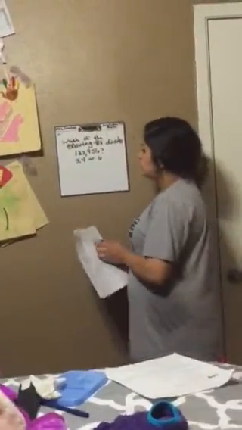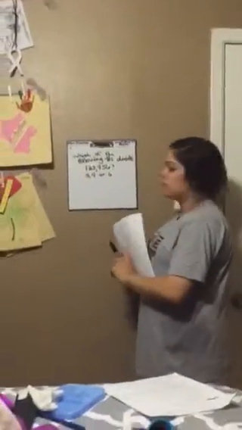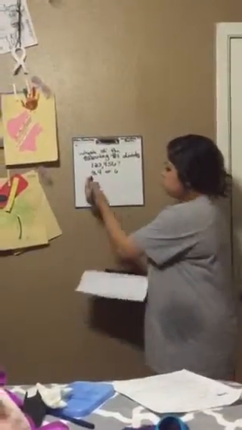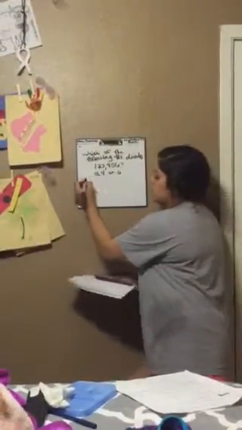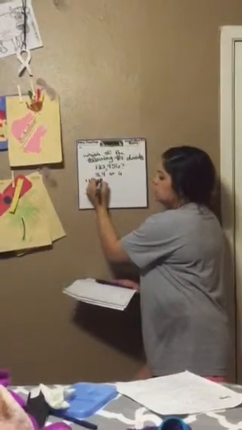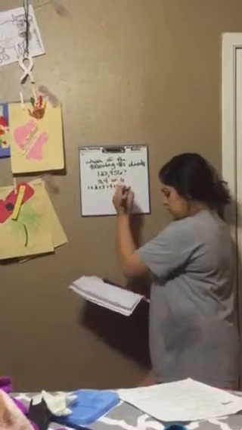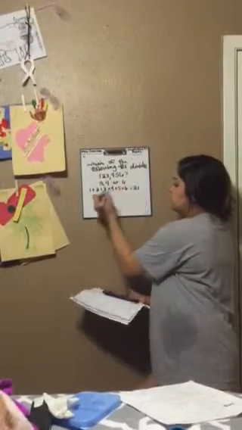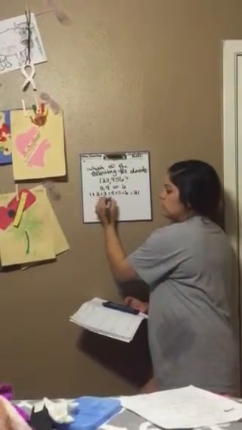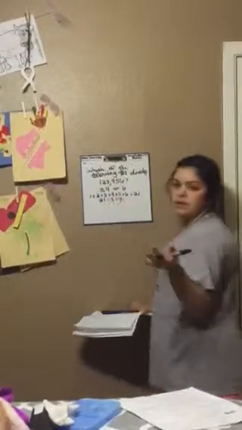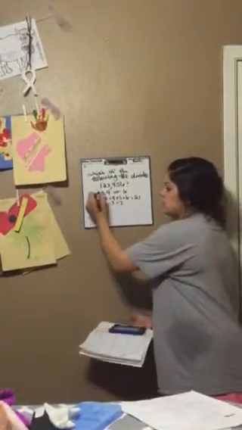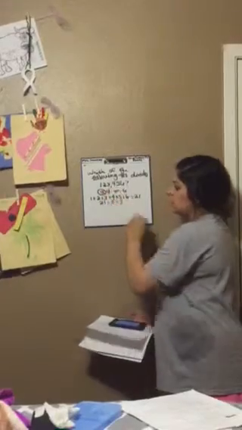So the rule for 3 is when all these numbers are added up, can it be divisible by 3? So we have 1 plus 2 plus 3 plus 4 plus 5 plus 6. This equals 21. 21 divided by 3 equals 7. So yes, 3 can divide this number.